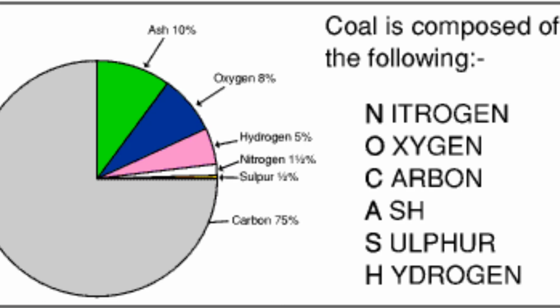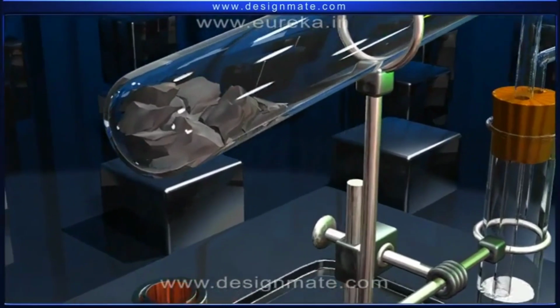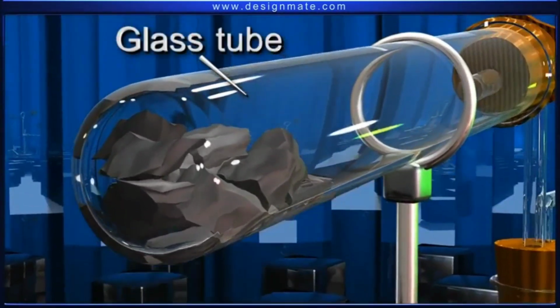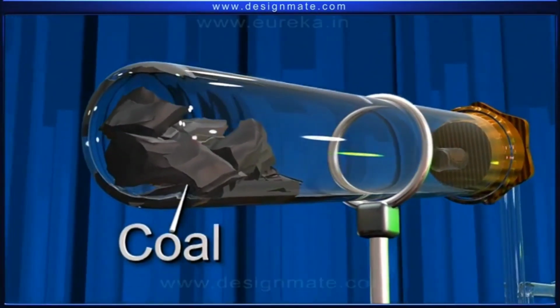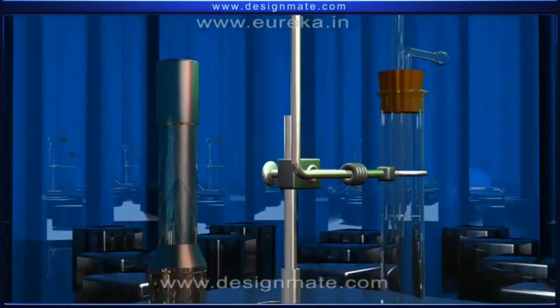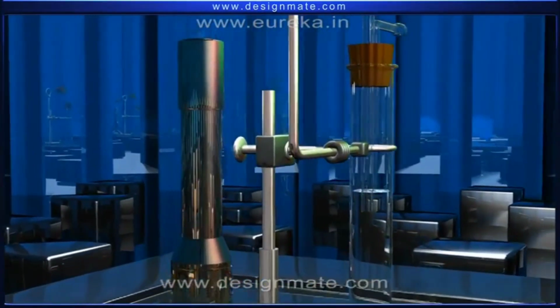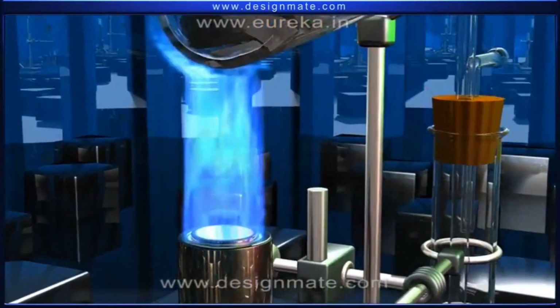First of all, we need to understand the laboratory setup of destructive distillation. We take some pieces of coal in a closed glass test tube. Then we start heating it up to 1400 degrees Celsius. This is the setup of destructive distillation.